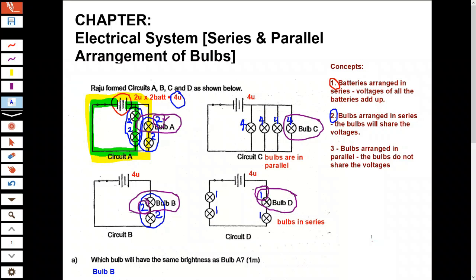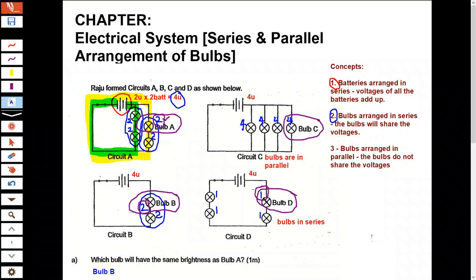And second step, look at how the bulbs in each circuit are arranged. If they are arranged in series, they will share the voltages, so you just divide the total voltage or the total units according to the number of bulbs. And if the bulbs are arranged in parallel, they will receive the full unit. You do not need to share.